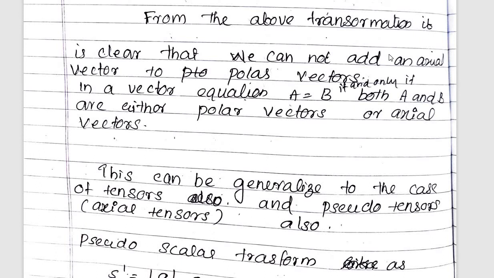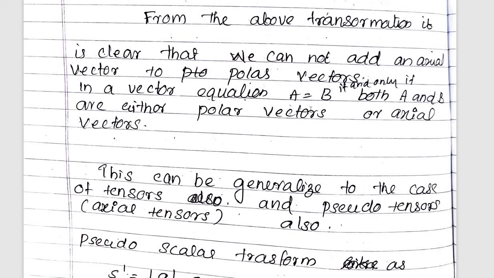From the above transformation, it is clear that we cannot add any axial vector to a polar vector. If two vectors are equal in a vector equation, if A is equal to B, A and B should both be either polar vectors or axial vectors.